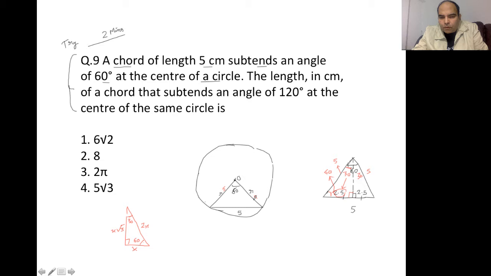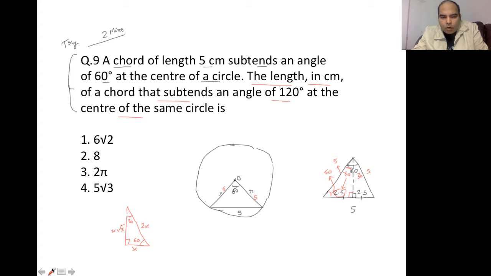Now next the question asks us, what is the length in centimeters of a chord that subtends an angle of 120 degrees at the center of the same circle?